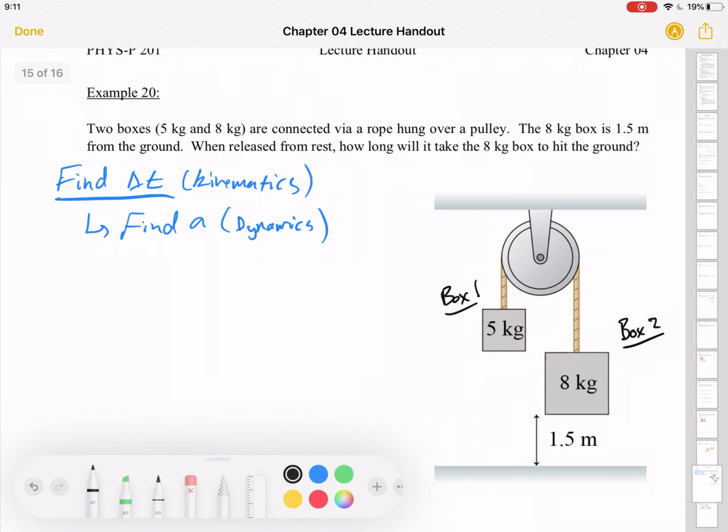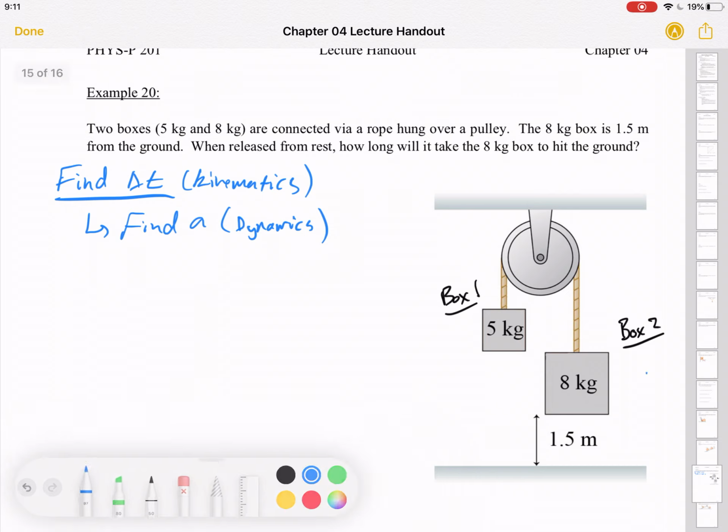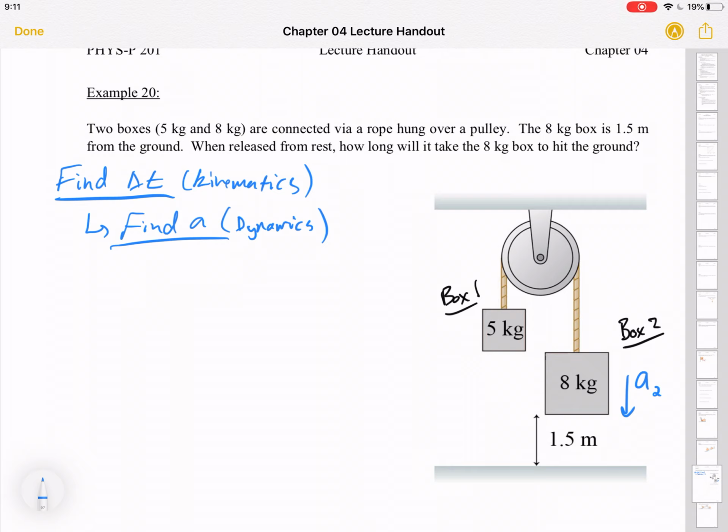What I really care about is the acceleration of block 2. I mean, what I really care about is delta t, but the acceleration of block 2 is going to help me solve the kinematics question. So finding a2 here is critical.